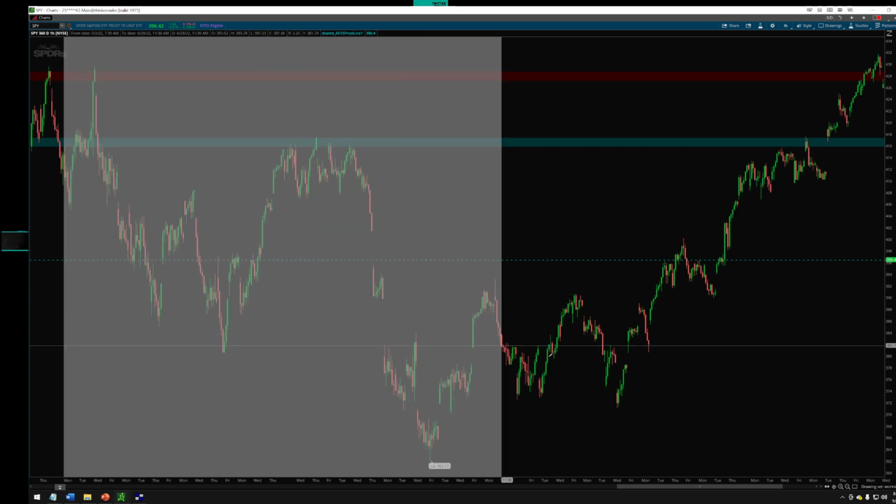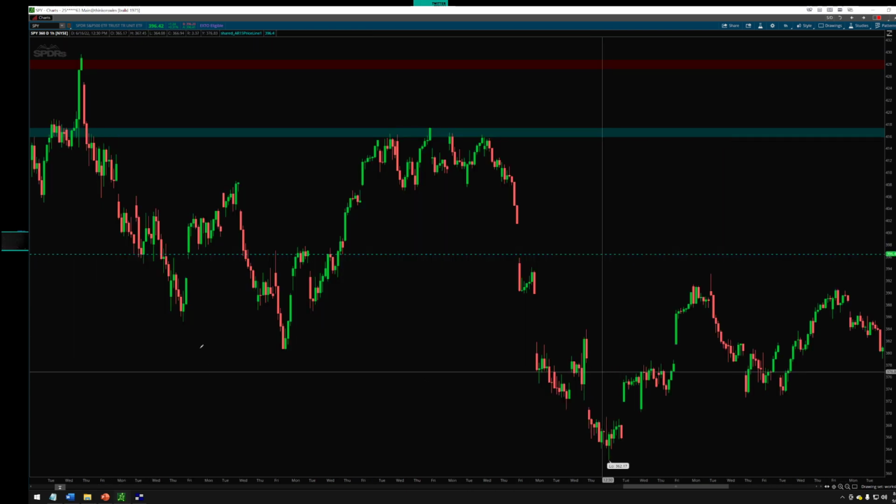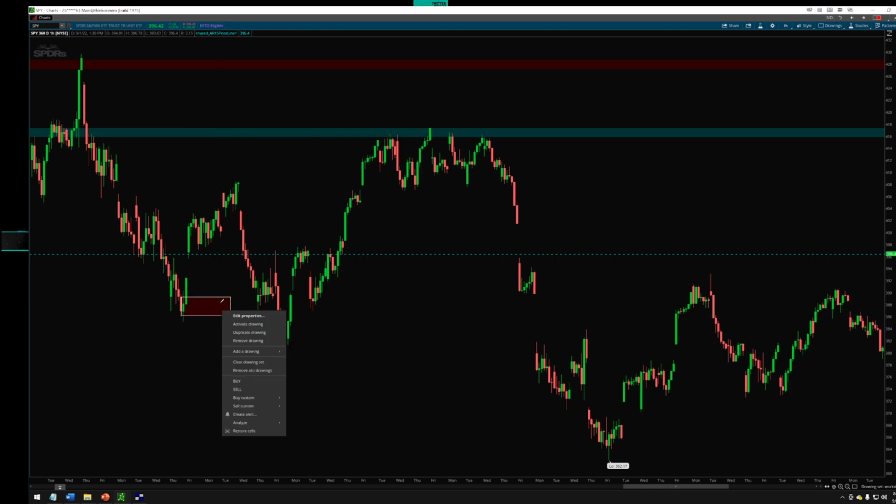Let's start in this area, and obviously you see here the big move, so open to close, and sometimes the zones are gonna be wider, right? But don't be afraid, it's just the size of the candle, so you have to draw it from open to close, and that's the way that you have to draw it.